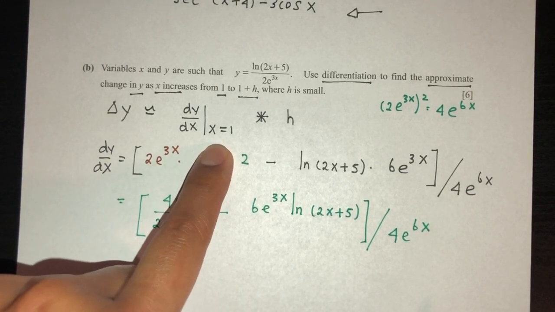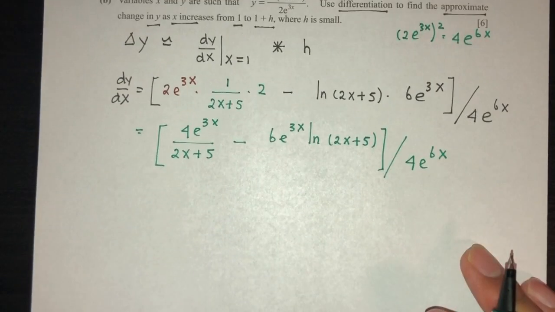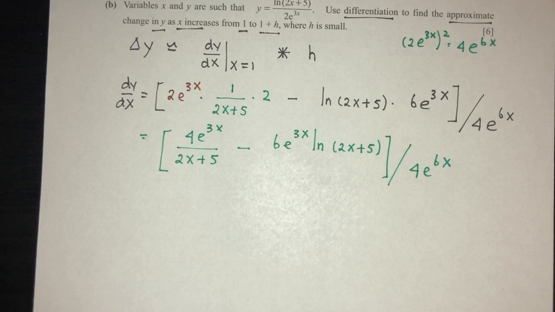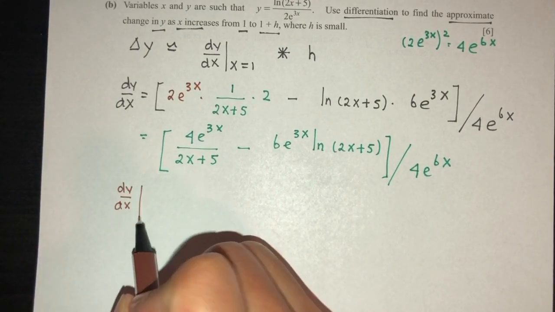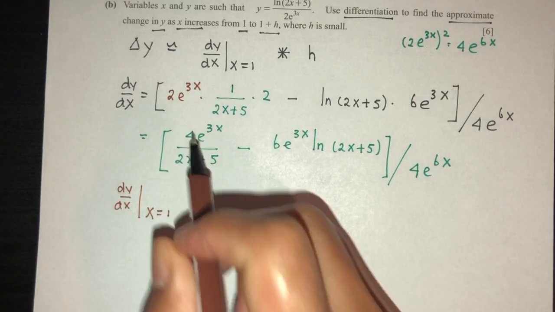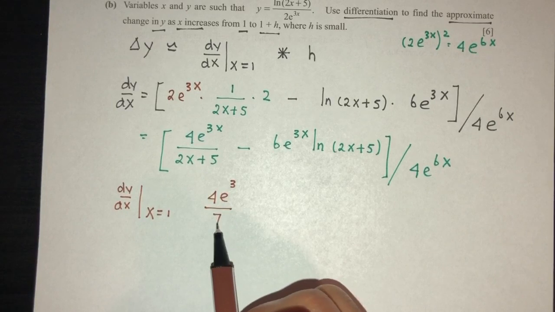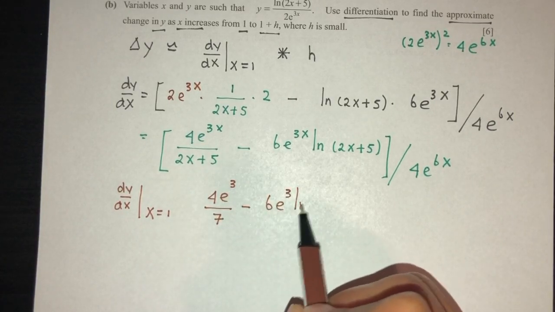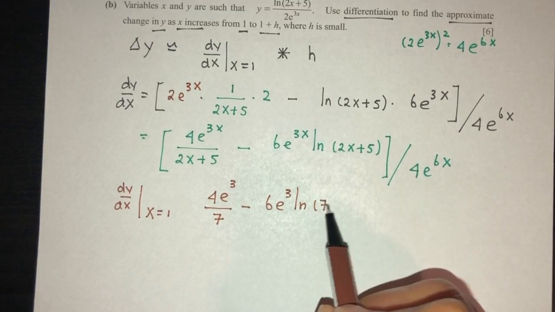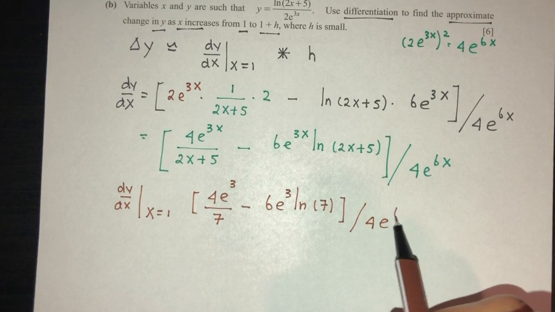So we just have to replace the value of x by 1 in this equation. So let's do that. So dy by dx when x equal to 1, what is that? So 4 times exponential power 3 over 7 minus exponential power 3 ln 7, divided by 4 exponential power 6.